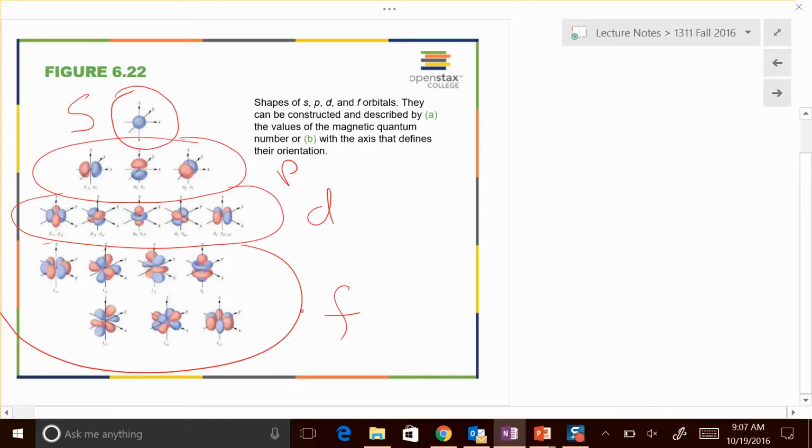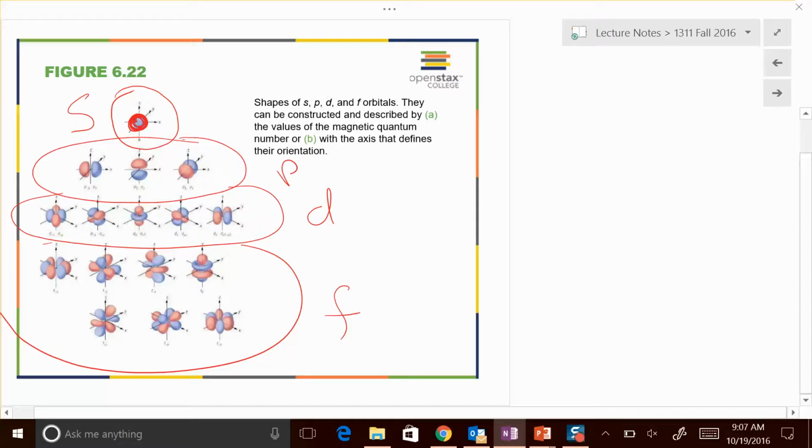S, P, D, F. These are the sub-energy levels that are found within the principal energy levels. So we have principal energy levels, and within those we have sub-energy levels. Those sub-energy levels have electrons orbiting in these fashions. If you are an S electron, you will orbit in a spherical fashion.